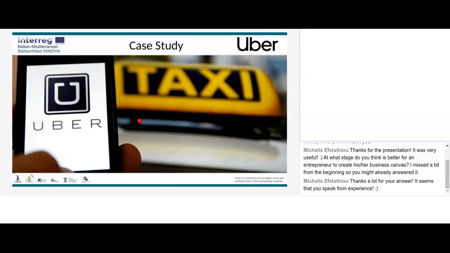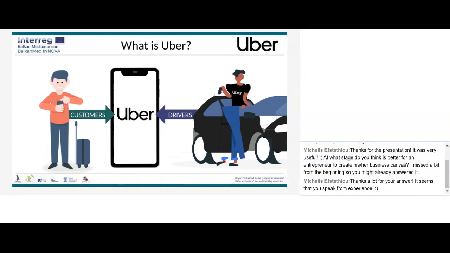I don't know who knows Uber or who doesn't. Maybe that's a better question. I'm going to introduce you to Uber. The big blue button is messing up my presentation, but anyway, Uber is a service that connects customers with drivers.